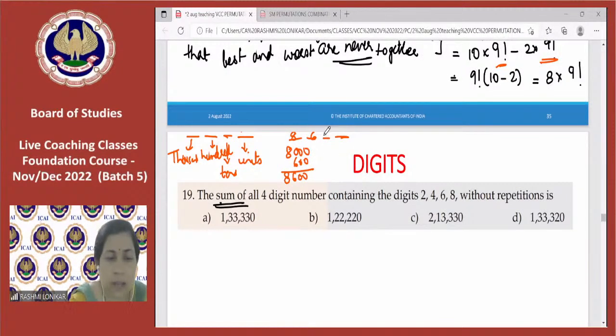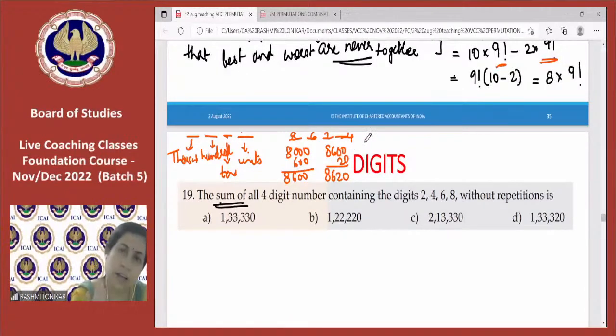Okay. If I write 2 over here, so what does this mean? This means it's 20. So I already had 8,600. With that, I have 20. So this becomes 8620. What if I write 4 over here? This is in the units place.